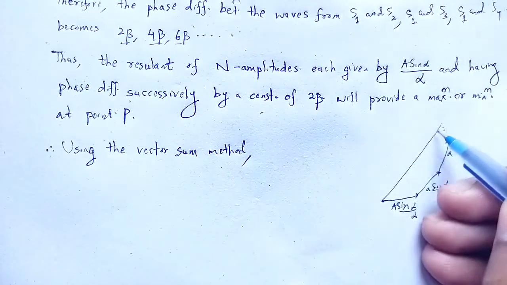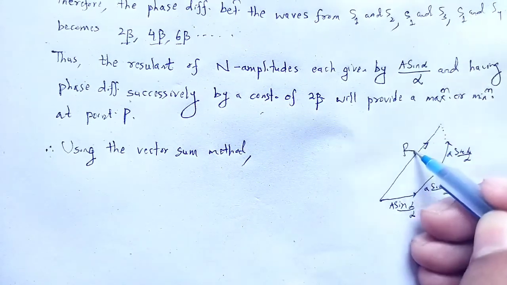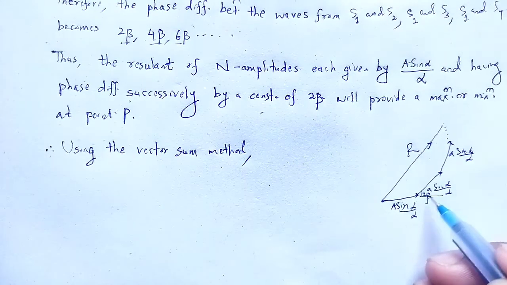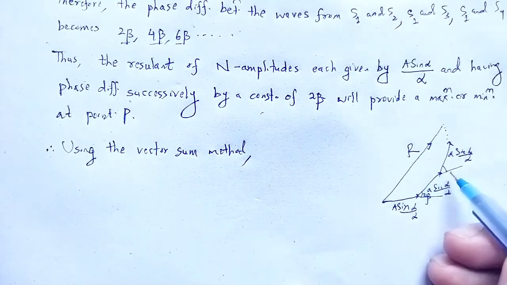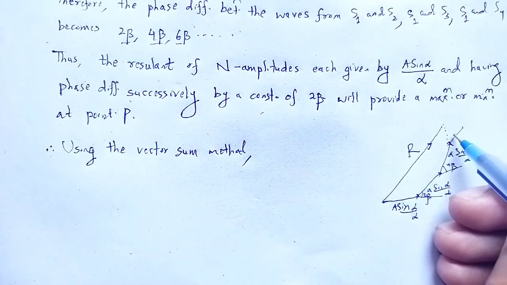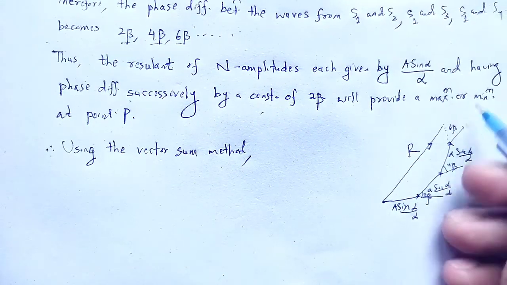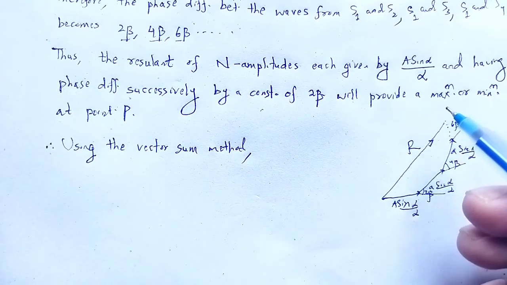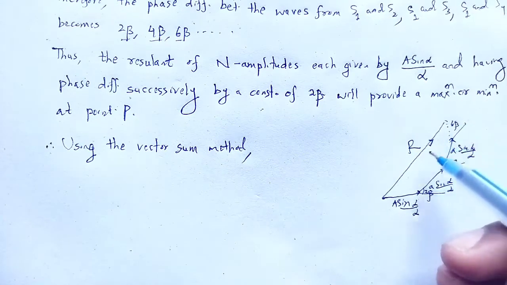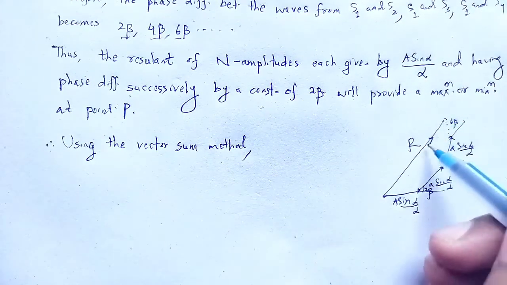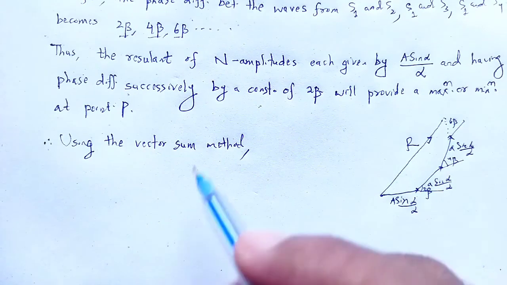So, the resultant is calculated. Here the angle 2 beta, here the angle 4 beta, here the angle 6 beta, and so on. For the nth term, the angle will be n beta. In this way, the resultant can be calculated using the vector sum method.